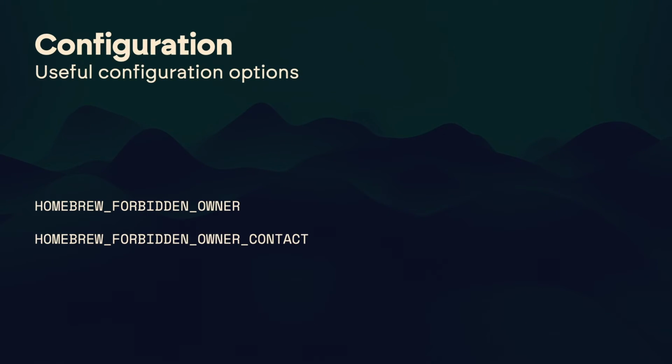So if I set the owner to John in IT, and my contact is like help@mycompany.com, now when the user sees that they're not allowed to install BitTorrent or install some package that's been disallowed, or use a license that's been disallowed, or add a new tap because you only have certain allowed taps, they'll get a message that says, contact John in IT, here's his email, he'll help you, right? So we want to make sure that the user has an escalation path to get through this.